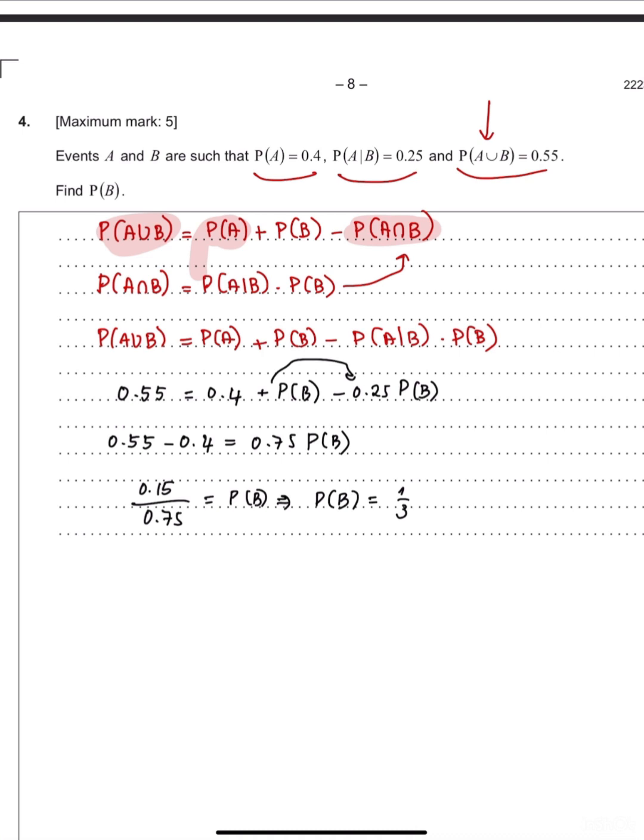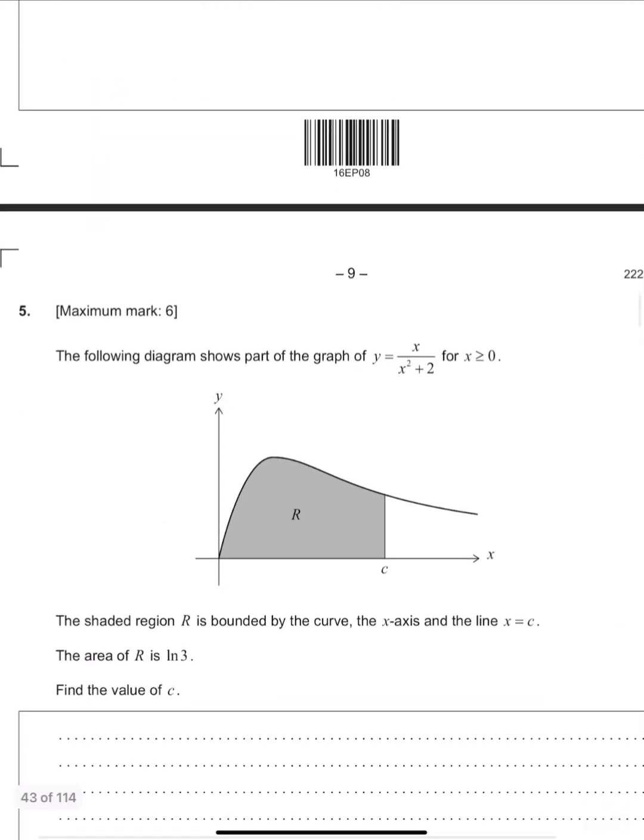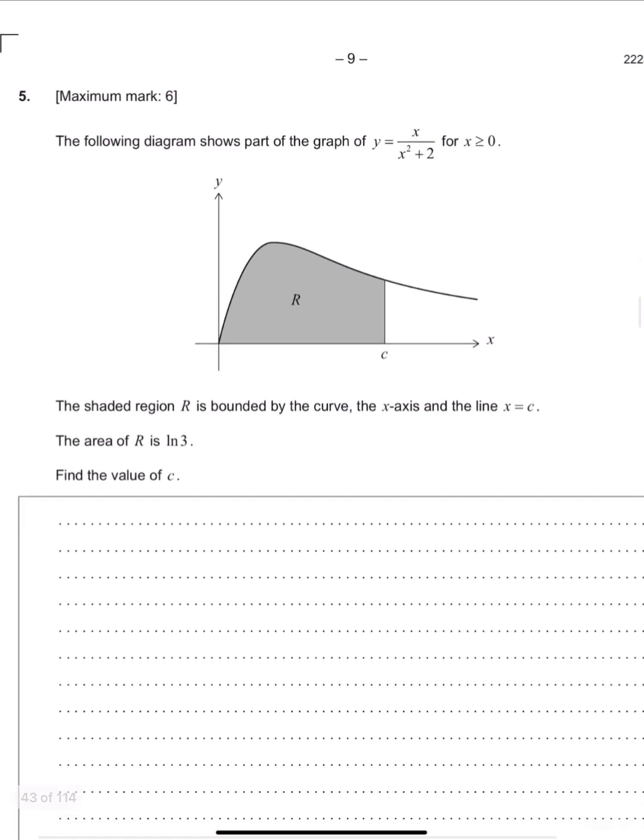So for the next question, oh my gosh, this is a good question. Here they give us the function y equals x over x squared plus 2, and the shaded region R is bounded by the curve, the x-axis and the line x equals c.